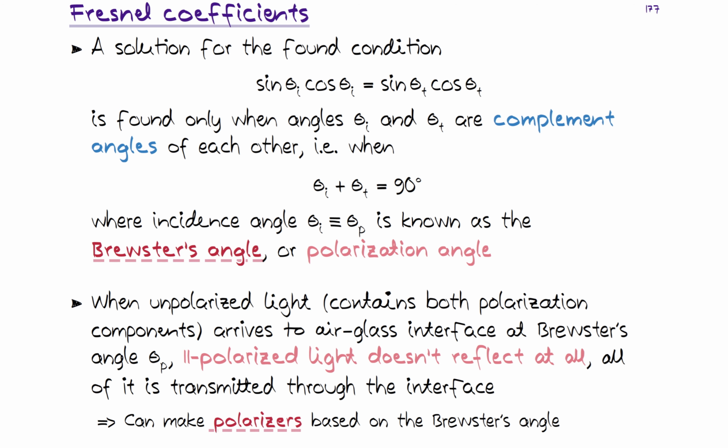What this implies is that we can make polarizers based on the Brewster's angle. This is quite nice, and the engineer in me is marveling at this case, because we can just take a piece of glass and use that to make a polarizer.